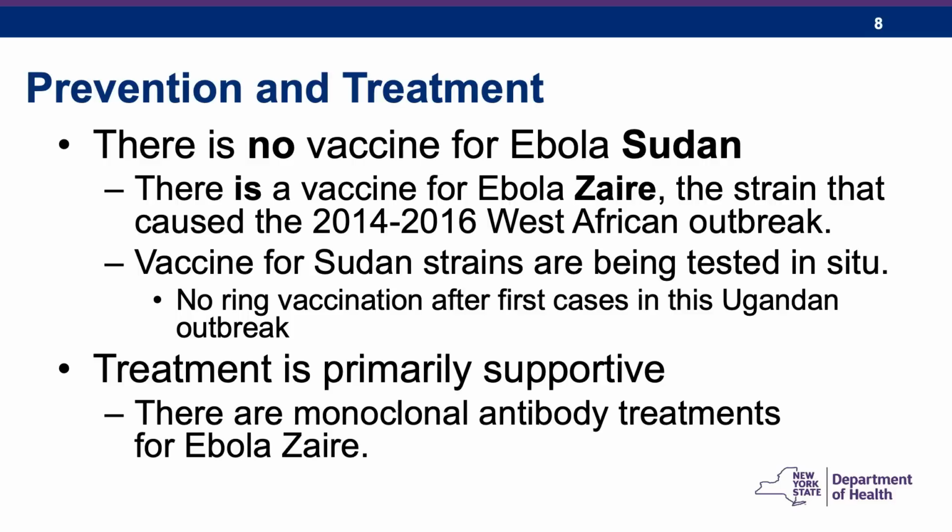Treatment is primarily supportive, and by that I mean managing every system that's got a problem, and it can often require intensive care level treatment. I do want to note that there are monoclonal antibody treatments for Ebola Zaire, and as far as clinical trials, there might be some coming for Ebola Sudan.